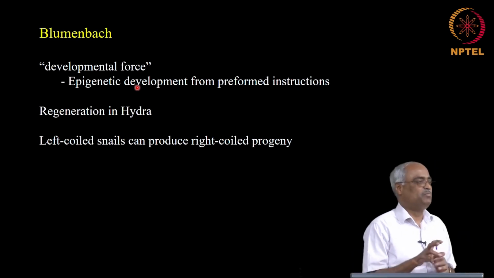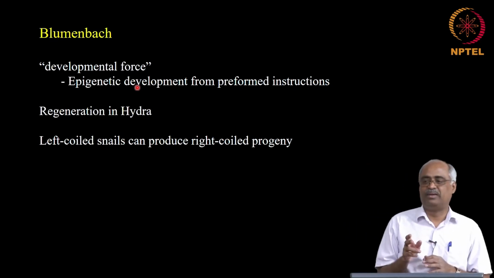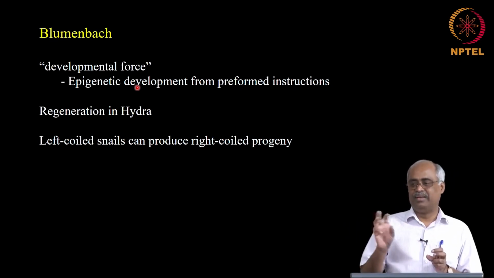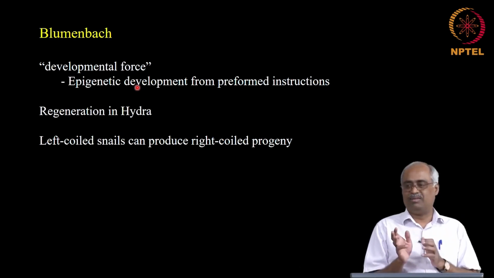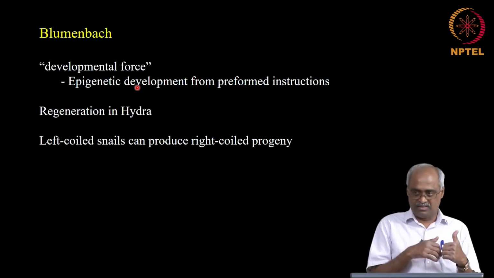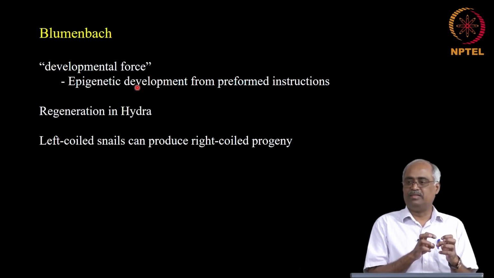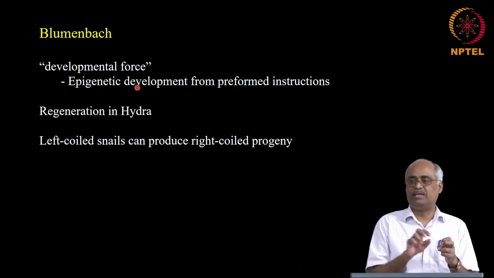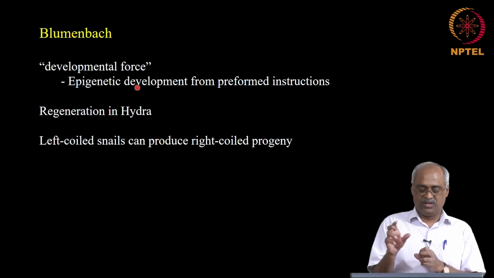He said it is not merely a hypothesis, he can demonstrate it, and he could take a hydra, cut part of it, and see that the cut structure develops. Not any random structure, but exactly the missing structure developed. That means the left-out cells in the rest of the hydra could rearrange and they knew what structure to form. They clearly had the instruction, otherwise they could not make it.